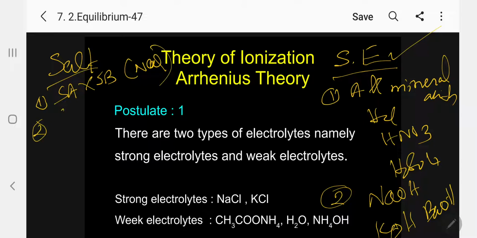Number two, salt of strong acid and weak base. That is, what I can write is the acid is HCl, the weak base is ammonium hydroxide, so ammonium chloride is the salt.